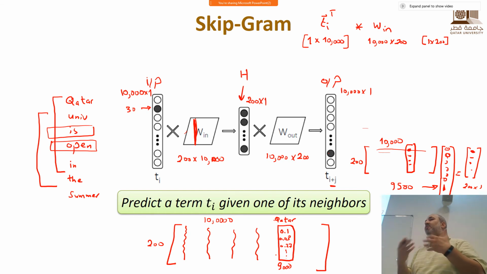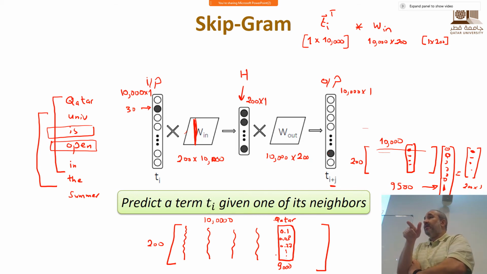Ask me more questions. I want to make sure that you understand this. Where is 0.9? What is that number?